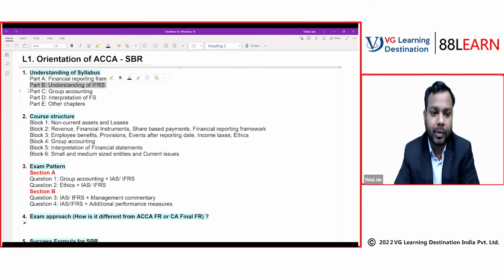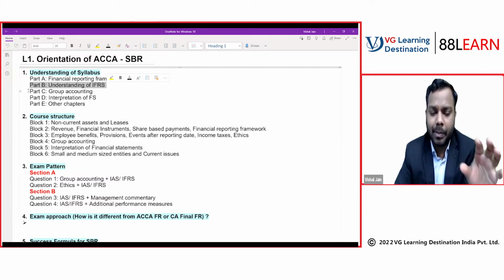Now, interpretation of FS, again the one which you have studied in ACCA skill level, but completely different here. You have not studied this in the CA final financial reporting paper. And part E is other chapters, like a few theory chapters for small and medium sized entities and current issues.